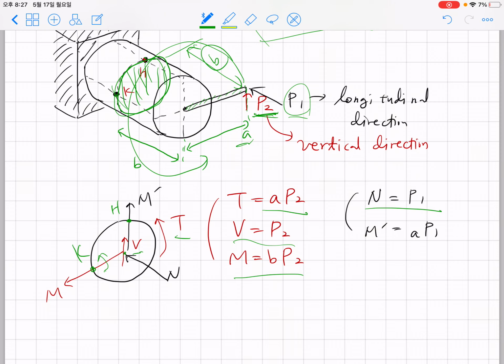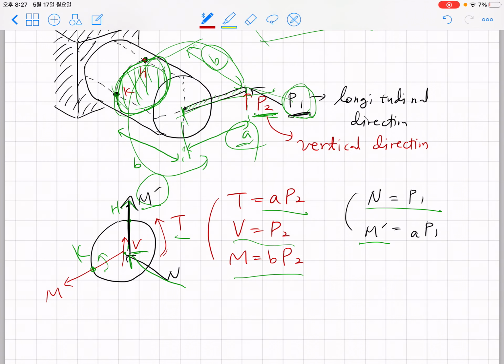P1 has two contributions. First, it has normal force P1 along that direction, and we also have a moment M prime, due to the distance A between the centroid and P1. So A times P1 works as M prime. I put the colors of M prime the same as P1, and the colors of T, V, M the same as P2.